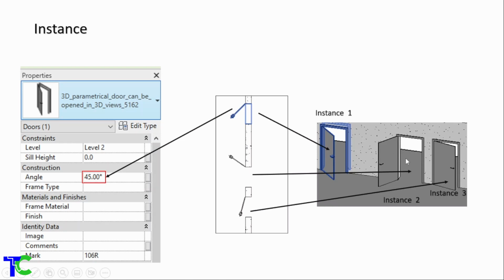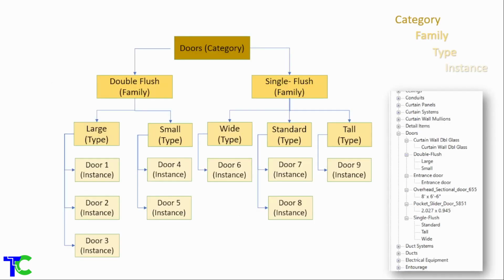These differences will be instance level properties and not driven by the type, family, or category. One way to think about the Revit hierarchy is that you can start at the instance and say that the instance belongs to a type. The type is part of a wider family, and the family is part of the category.